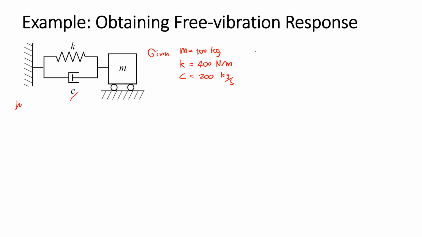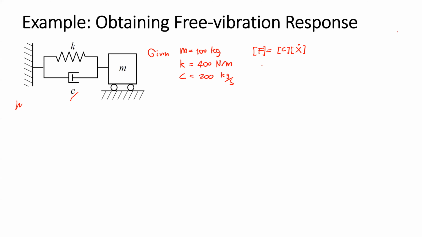I want you to check why the unit of the damping coefficient is kilogram per second. We begin with the fact that the unit of force is equal to the unit of the damping coefficient multiplied by the unit of velocity.